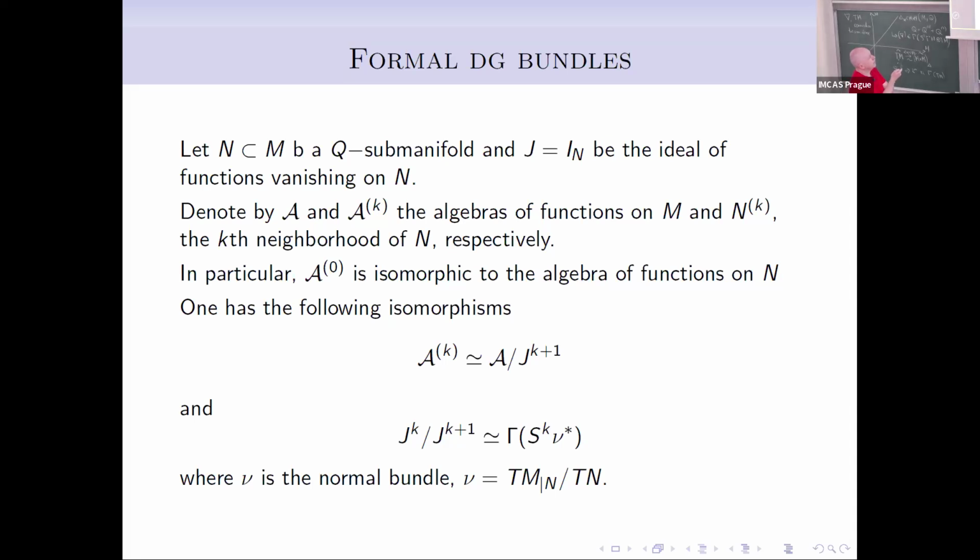So A_k is isomorphic to A divided by the (k+1)-th power of J. So this can be constructed algebraically. And one can see that the quotient of J^k by J^(k+1) is isomorphic to sections of S^k of nu star, where nu is the normal bundle. So it's a dg vector bundle over N.